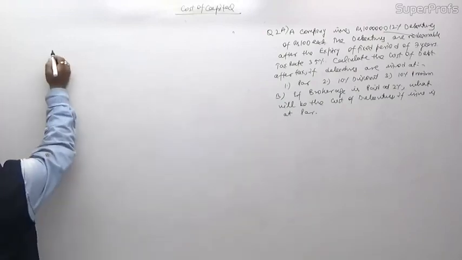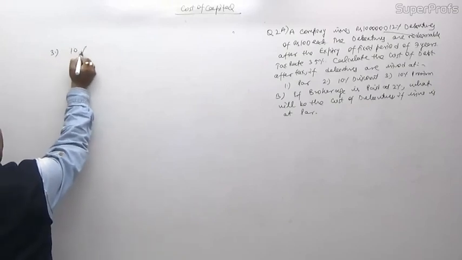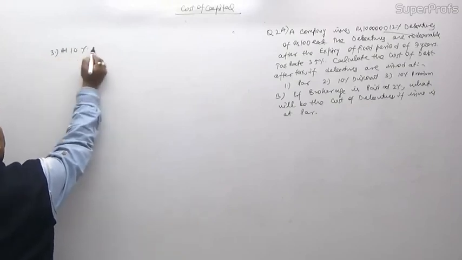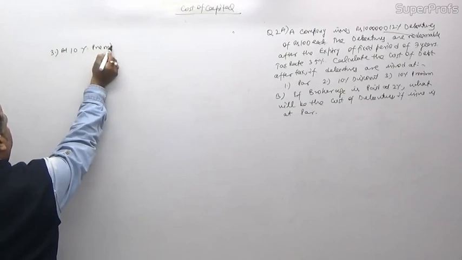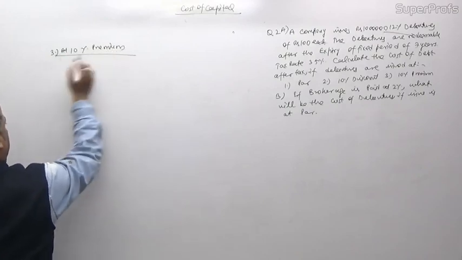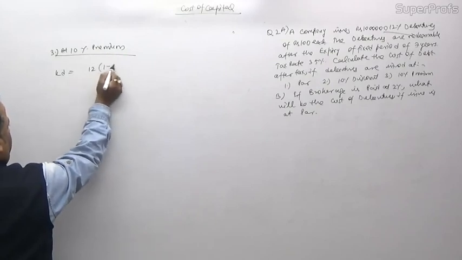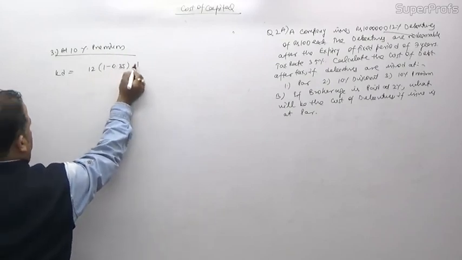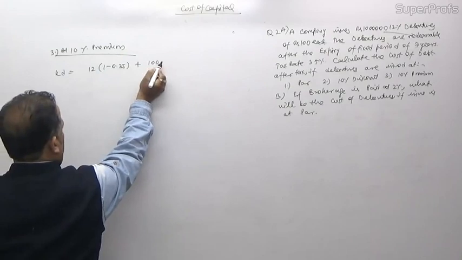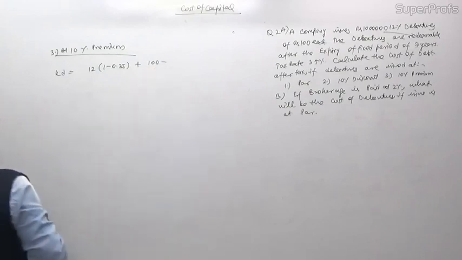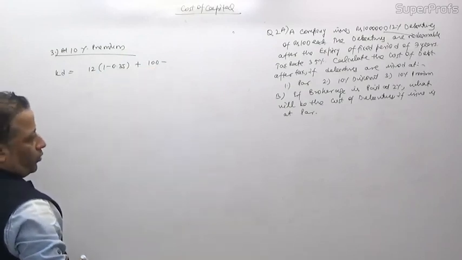So in the third part, debentures are issued at 10% premium. So the KD equals interest rate, tax rate 35%, redemption value 100 rupees.